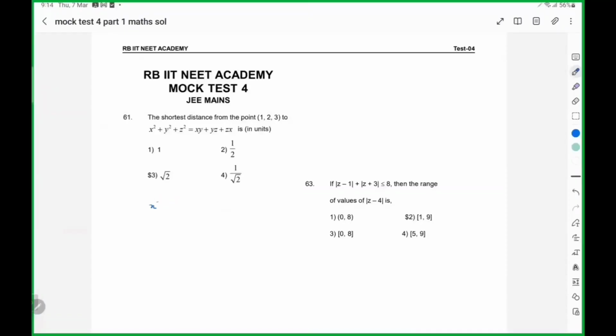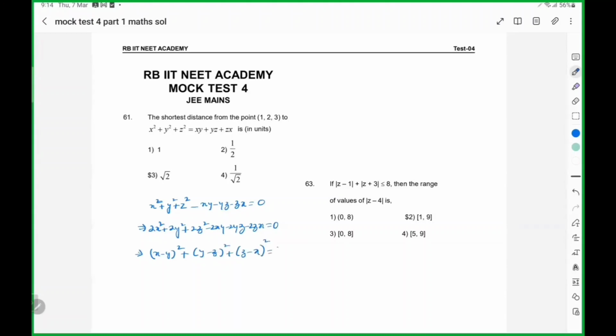So here one equation is given. What does it represent? If you multiply with 2, you will get 2z square minus 2xy, which I can write as x minus y whole square, y minus z whole square.